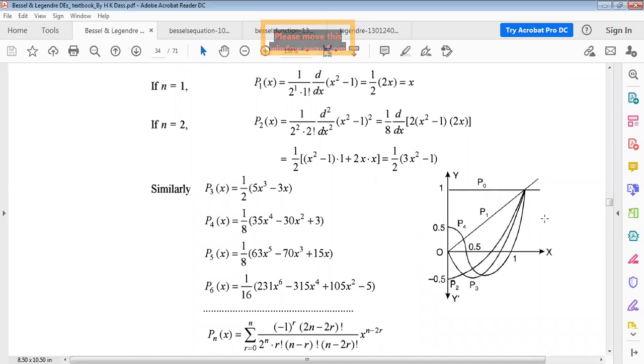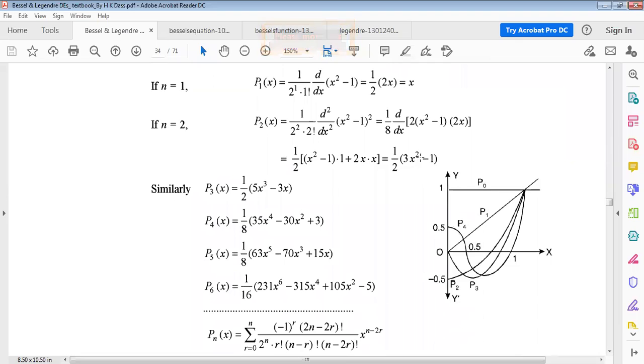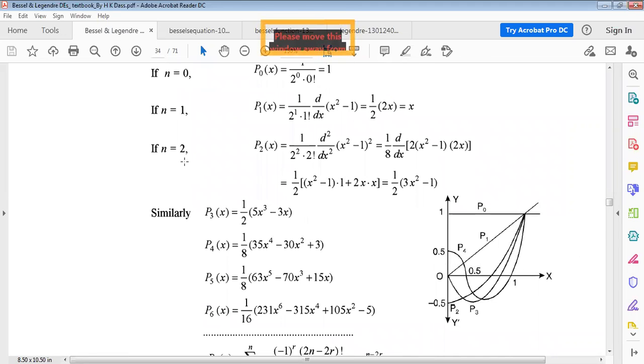So this is the geometrical interpretation of Legendre polynomials. P0 equals 1 is a line parallel to the x-axis. If n equals 1, P1(x) equals only x, which is a straight line passing through the origin, making equal angles with the x-axis and y-axis.